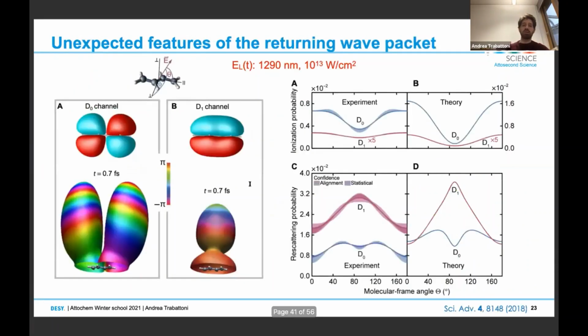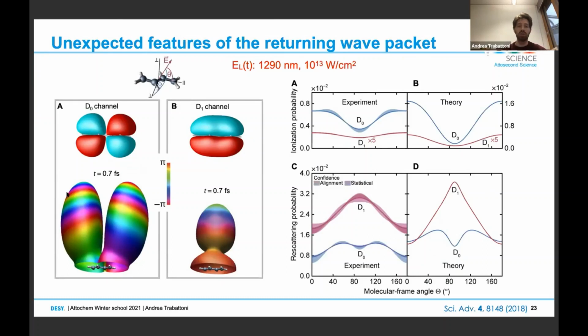The first hint came from a really nice work performed in Berlin by the group of Jochen Mikosch. They were analyzing strong-field ionization and rescattering from the butadiene molecule. In particular, they were focusing on the photoionization from two channels, from these two orbitals, the D0 and the D1.